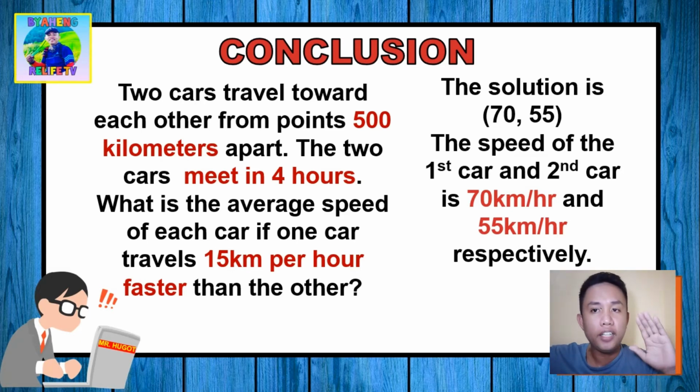Hindi po yung x is equal to 70 km per hour, y equals to 55 km per hour. Dapat hindi po ganon. You complete your statement by stating it in the proper way. Okay? So, meron tayong conclusion, that is our uniform motion problem.